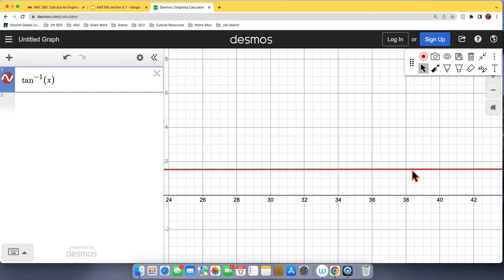Think about the range of the inverse tangent: negative pi over 2 to positive pi over 2. So as x goes to positive infinity, the inverse tangent gets closer and closer to pi over 2.